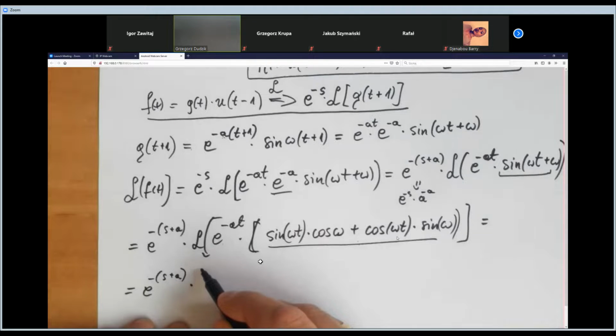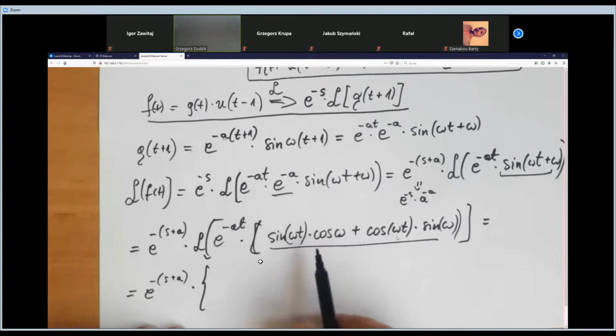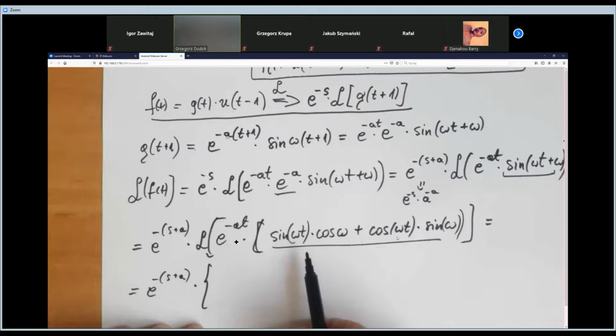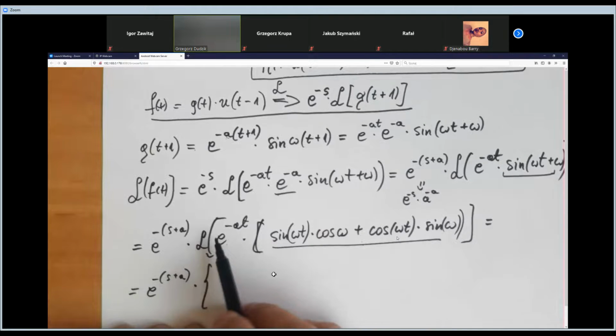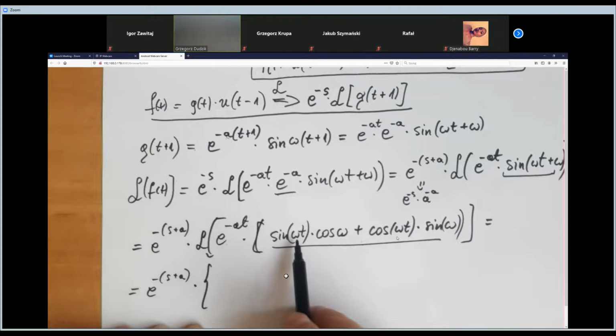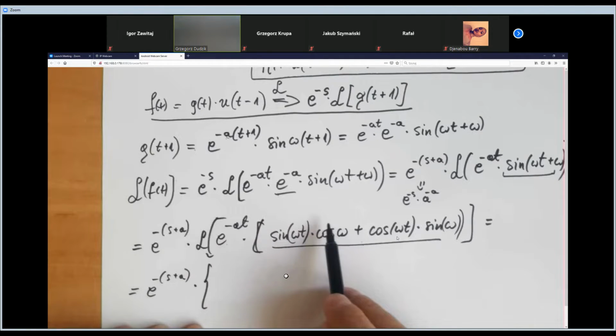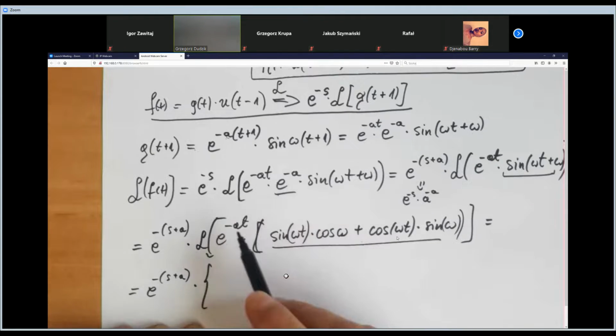What we can do. Look, if you multiply this part of the expression by e to minus a t, we'll have this function times sine omega t multiplied by cosine omega. Cosine omega, in fact, is a constant value. Yeah? The omega is constant. So it can go before the Laplace transform.